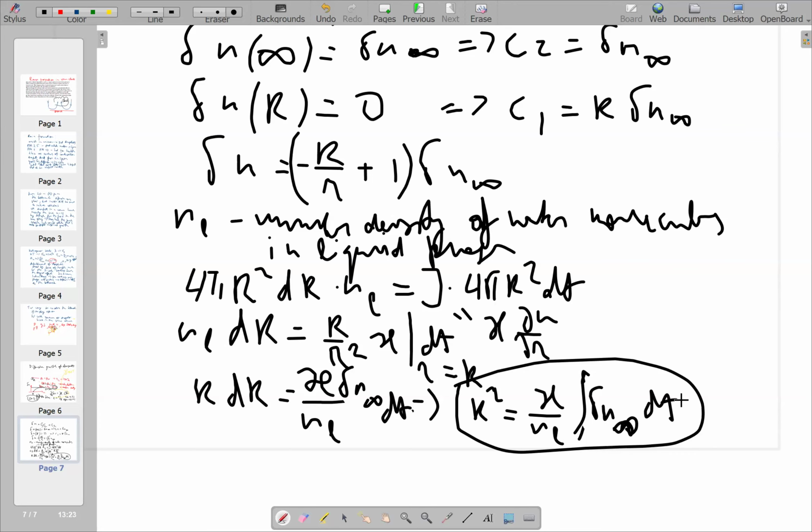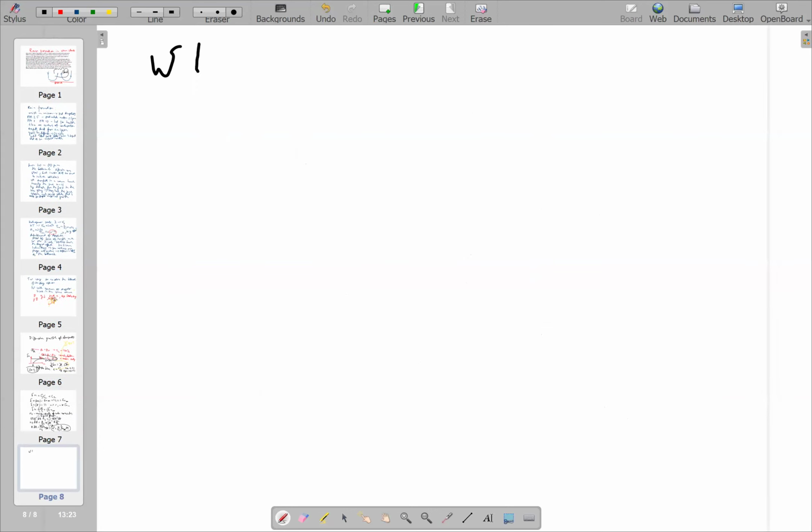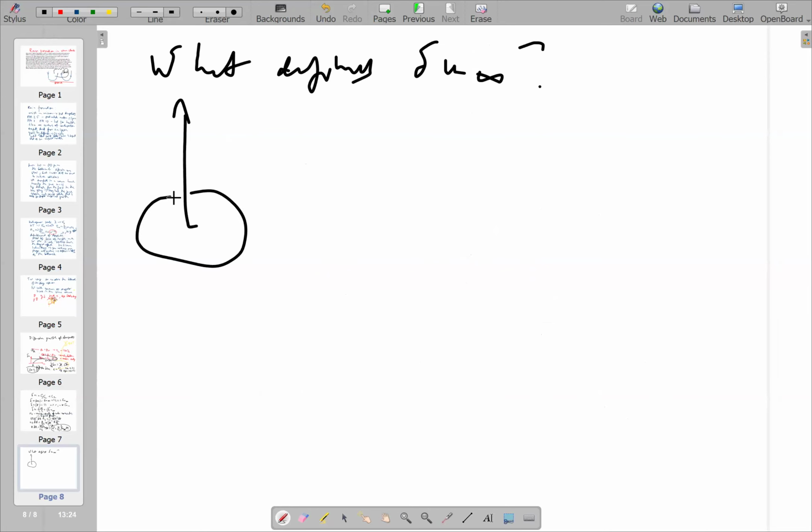Now the question is, what is dn at infinity? A few words about that as well. So dn at infinity is formed by these things. So what defines dn infinity? Here a parcel moves up, so temperature goes down. So dn goes up because the dew point falls down, right?